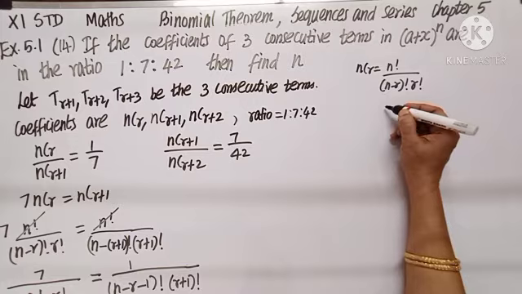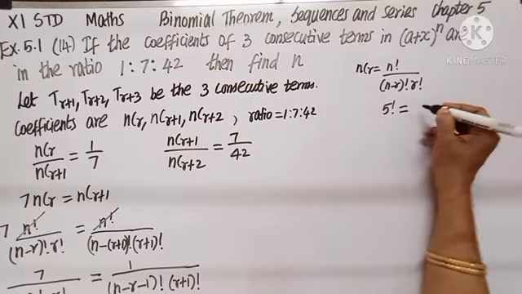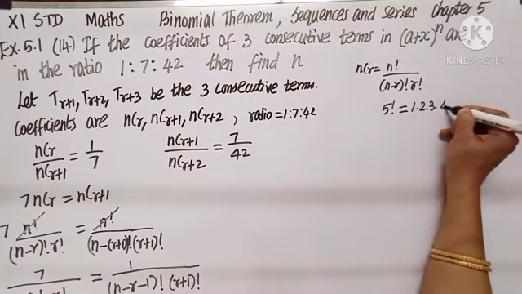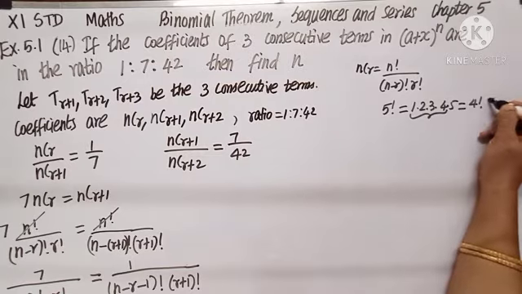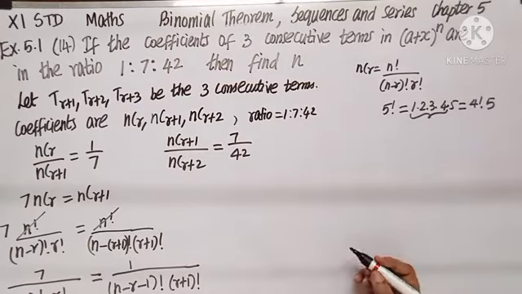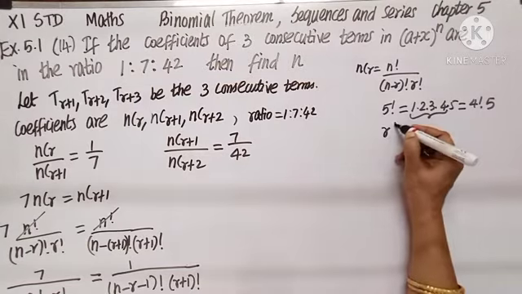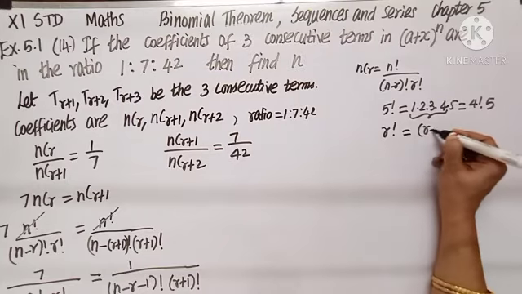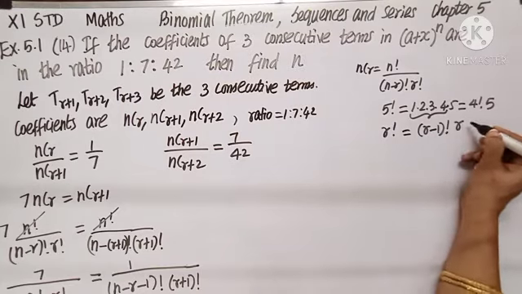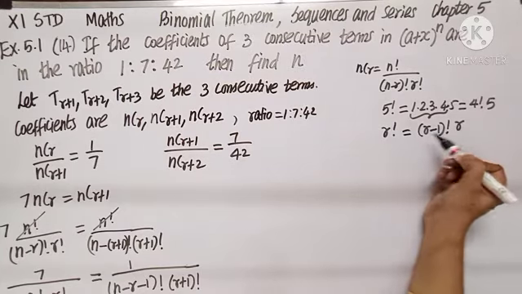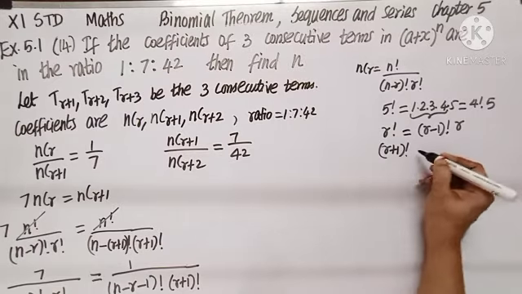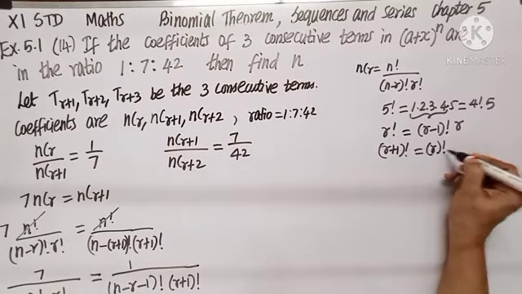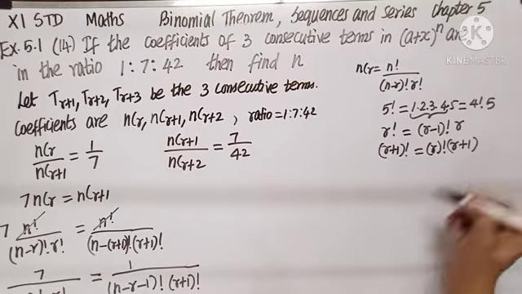Let us remember this formula. 5 factorial is 1, 2, 3, 4, 5. I can write it as 4 factorial into 5. That is, what will be r factorial? (r minus 1) factorial into r, the previous number into r. So what would be (r plus 1) factorial? r factorial into (r plus 1).